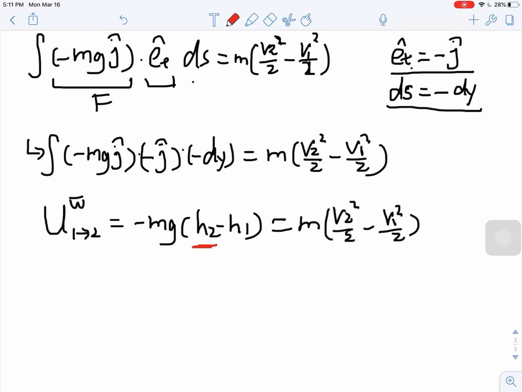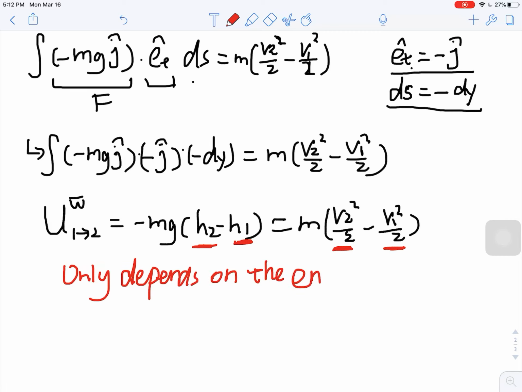Looking at this equation, we find it relies on the heights at position 2 and position 1, and the velocities at position 2 and position 1. This means it only depends on the endpoints, not the path.